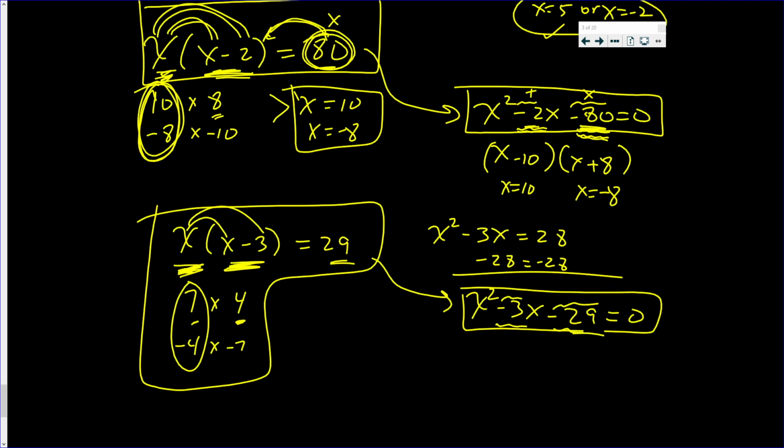So now you'd have to use the quadratic formula, which you couldn't do from here. But you would try to see if you can come up with two numbers that multiply out to -29 and add up to -3. Well, again, if you can't, you really have to do this.